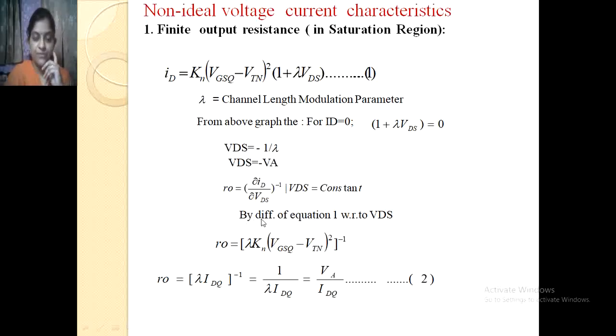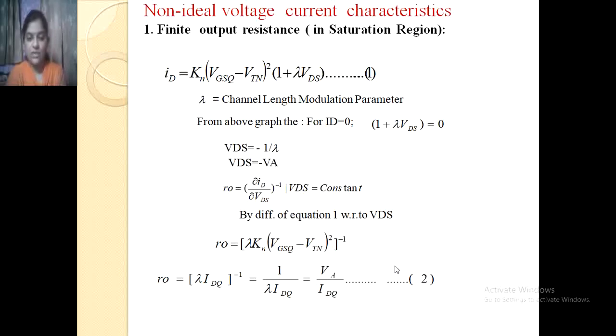So by differentiating equation 1 with respect to VDS, we can write R0 is equal to the reciprocal of lambda Kn (VGS minus VTN) squared.